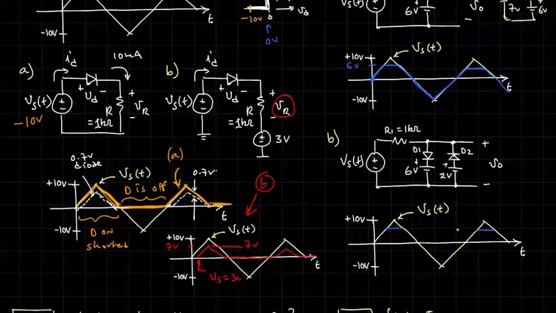If Vs is equal to 0, then you're going to have this R1, D2 and 2 volts. I'm going to claim that this is actually on and current is flowing. Basically 2 milliamps is flowing from the 2 volt source, causing D2 to be on. And if D2 is on, then the voltage at V out is the 2 volt source.